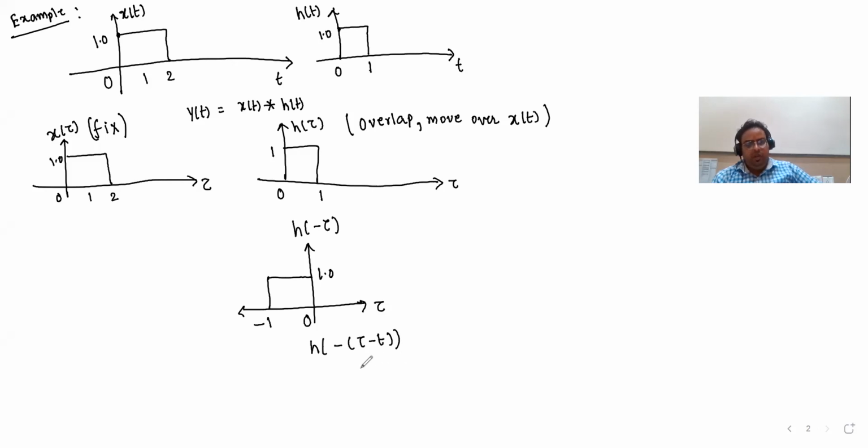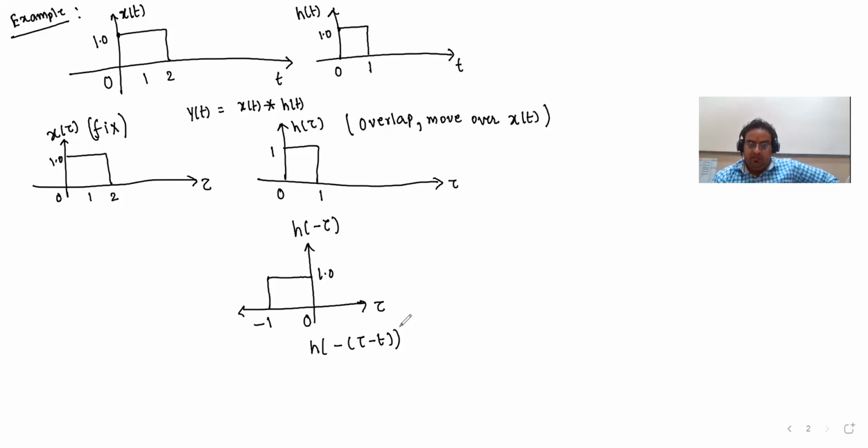So essentially, we are delaying this time reversed signal h of minus tau by t time units, if t is positive. Suppose t is equal to 1, so this will be minus of tau minus 1, so this will move ahead in this right side direction.